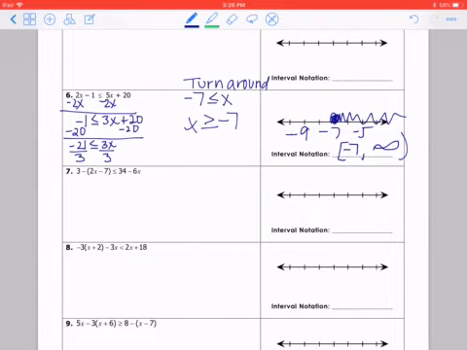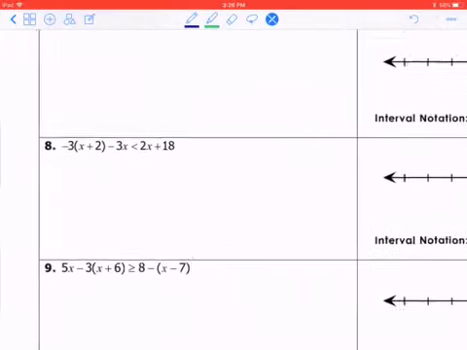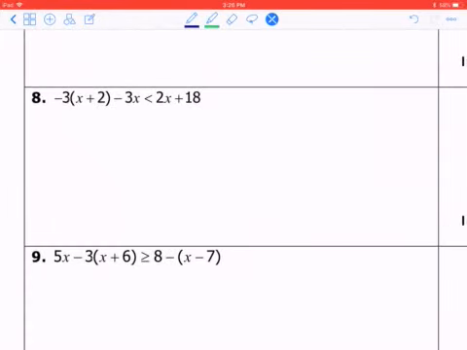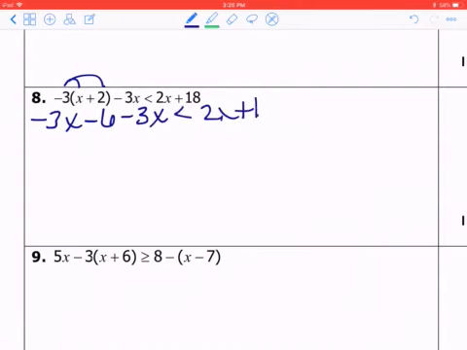Okay. Let's go ahead and look at number 8. And we need to distribute. So go ahead and distribute the negative 3. So we'll have negative 3x, subtract 6. Bring everything else down. Combine like terms, which is negative 6x.